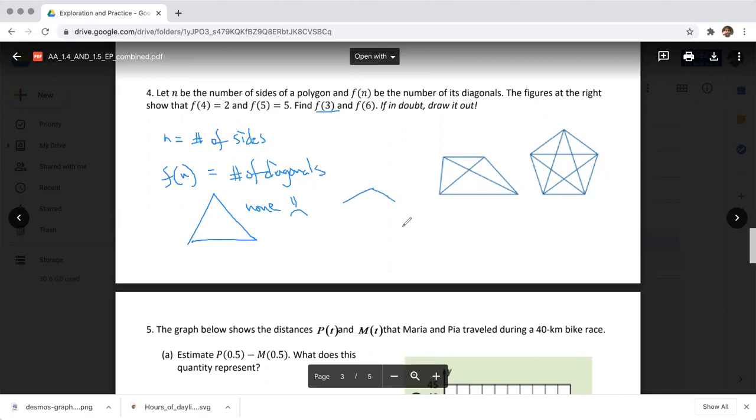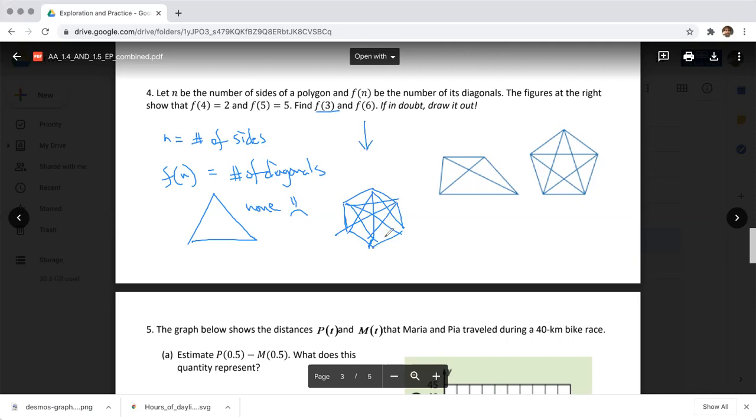6. 1, 2, 3, 4, 5, 6 sides. And here's 1 diagonal, 2 diagonals, 3 diagonals, 4, 5, 6, 7, 8. Did I get them all? 1, 2, there should be 2. 1, 2, 3.